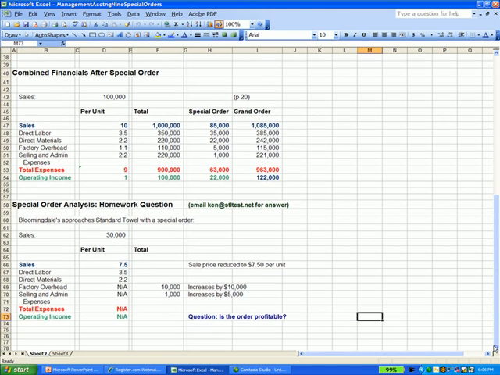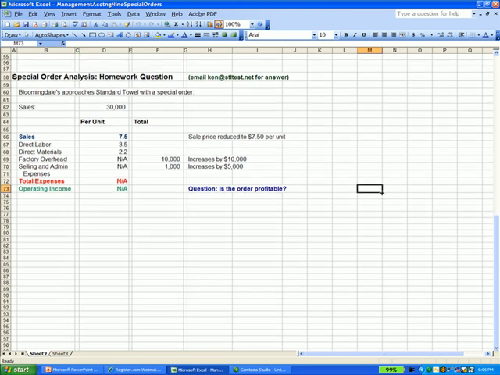As a wrap up here, I've put a homework question, and as always, you can stop or rewind this video to get information above the screen to help answer the question. And you can email me at Ken at stltest.net for the answer. Let's assume Bloomingdale's approaches Standard Towels with a special order. They want 30,000 towels at an even lower price, $7.50 per unit. We have the same variable costs.